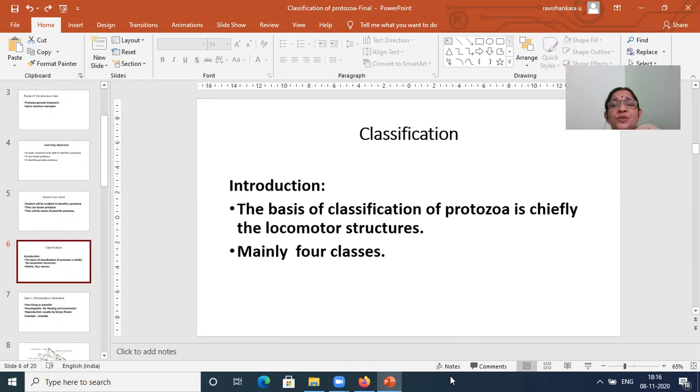There are certain protozoa which do not possess any locomotory structure at all. So they are spore forming protozoa. However, at certain stages of their life history, they possess certain locomotory structures. They are motile and move, and also have different stages of development in their life cycle.